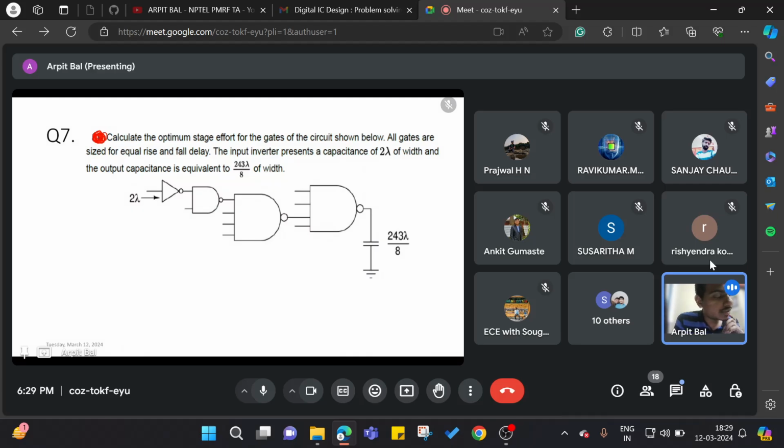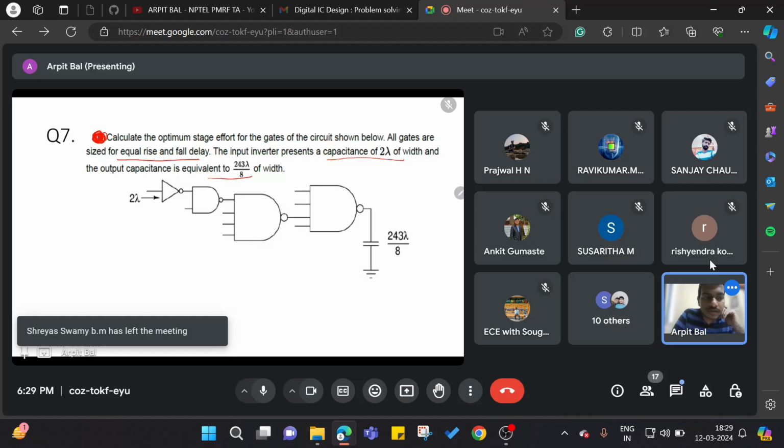All gates are sized for equal rise and fall delay, and the input inverter presents a capacitance of 2 lambda of width, and the output capacitance is equal to 243 lambda by 8 of width.